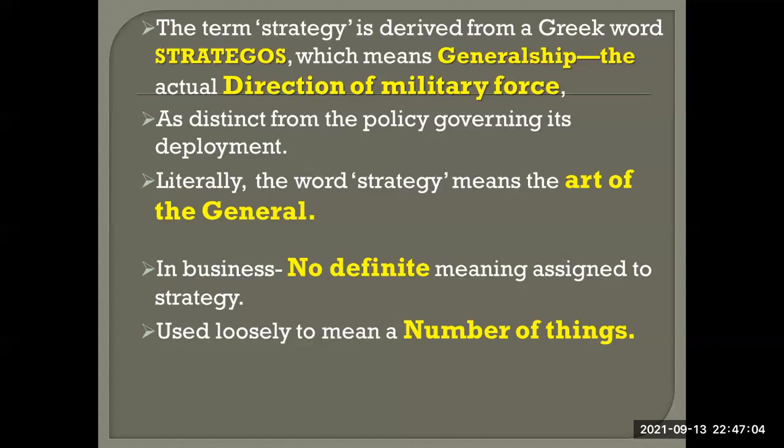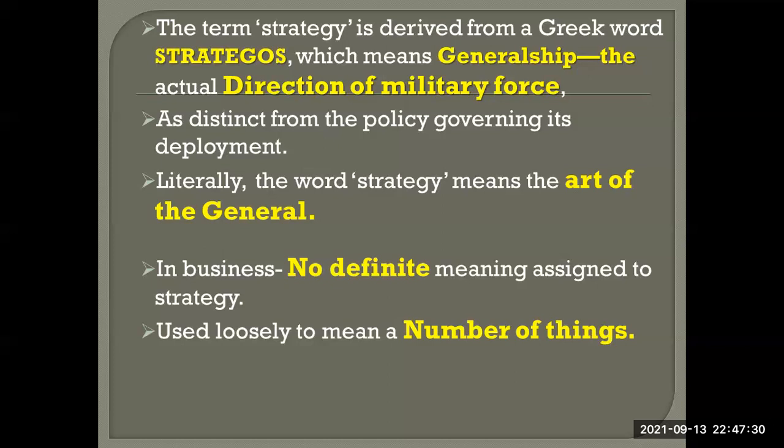Literally the word strategy means art of general. The general is the person who is authorized to take decisions about the military force: how much force should be deployed, where to deploy, how we should defend or attack the enemy. So it is the art of the general.